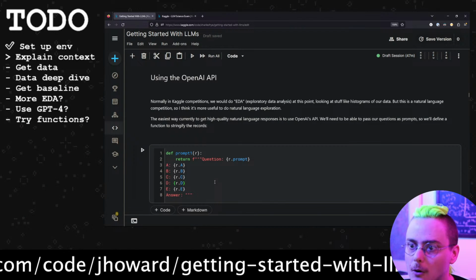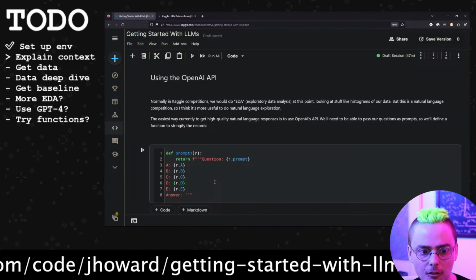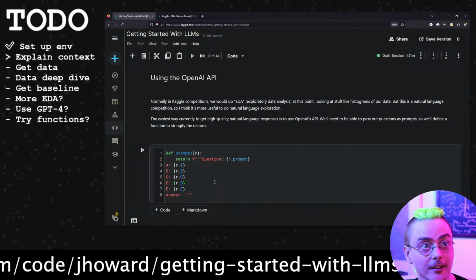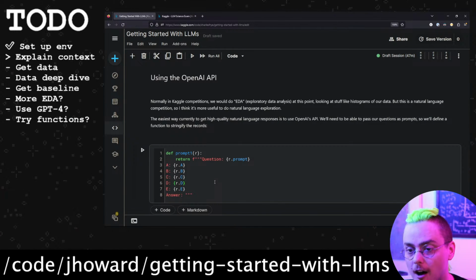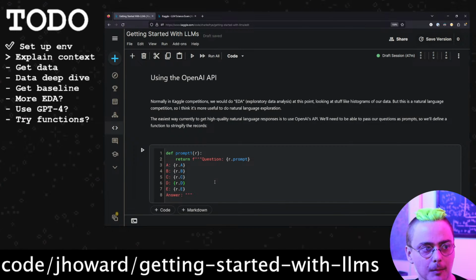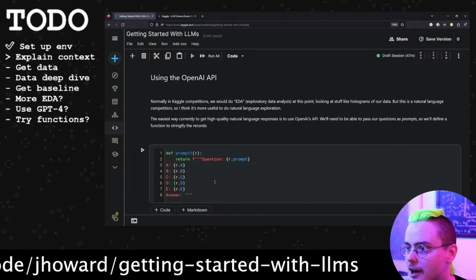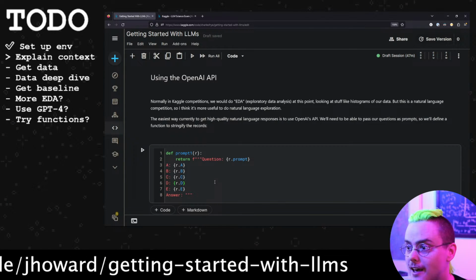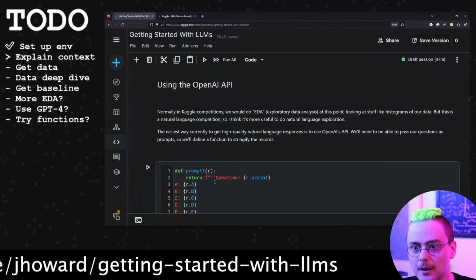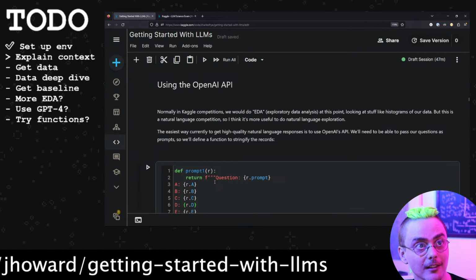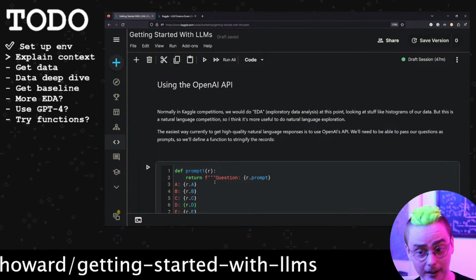All right, so we've done a little bit of exploratory data analysis there by hand. And exploratory data analysis by hand is great, but normally we would do that EDA, as Jeremy points out, by doing things like taking histograms. And actually, I still think that that would be a good idea. You might find that the longest answer is more likely to be correct.